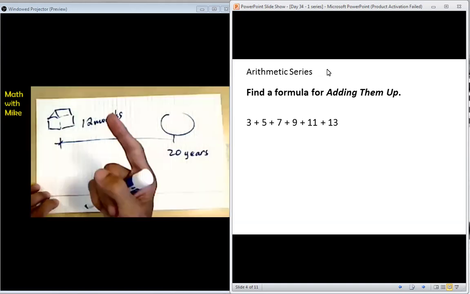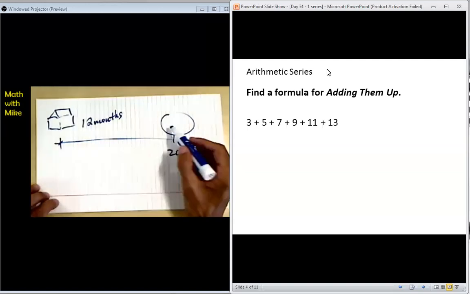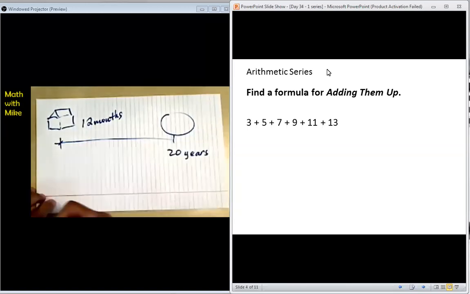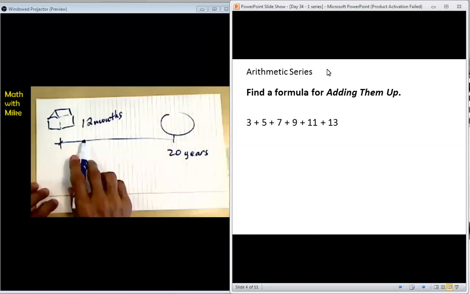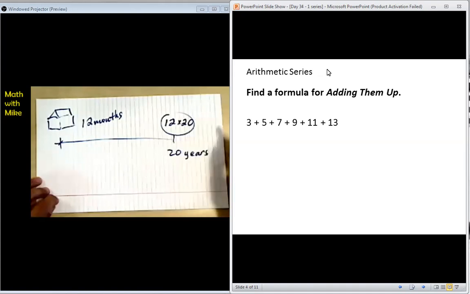So 12 months for the first year, 12 for the second, 12 for the third. So how many payments in total? Yeah, multiply. Good. So what's 12 times 20? Well done. 240. You see, so this could be the value for n when you're working with these type of equations.